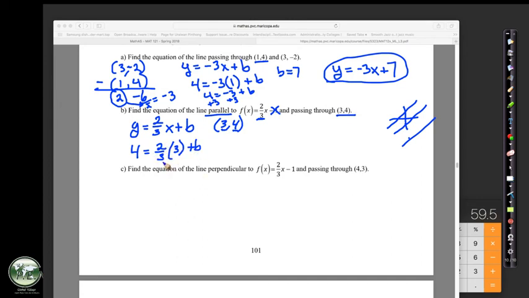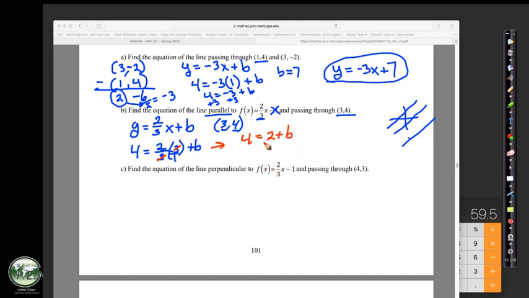And what can we do with the 2/3 and the 3? Multiply. So you multiply straight across, and do the 3 and the 3 cancel? Yes, indeed. If you wanted to, you could write it as 6/3, but that will reduce down to 2. Okay. So what we have is 4 is equal to 2 plus b.